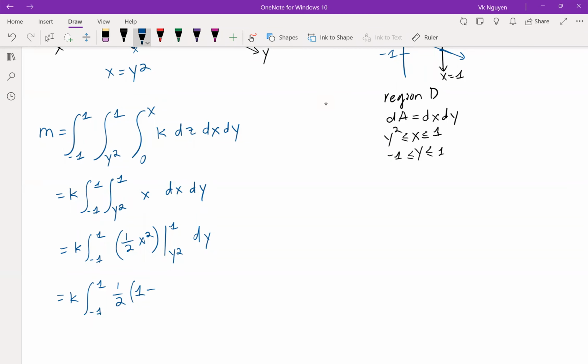Okay, x square, and you're going to square this sucker up, so it's y to the 4th.